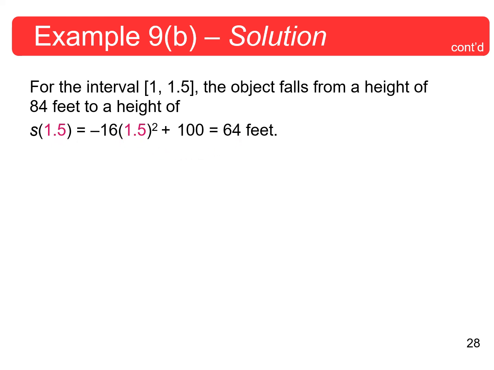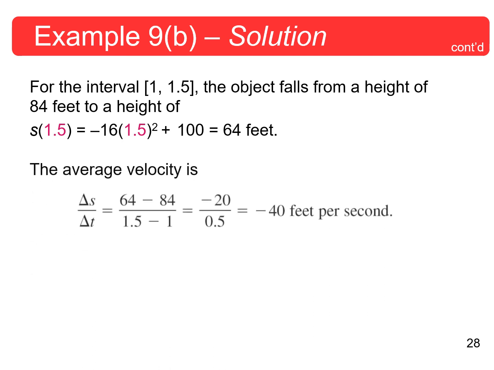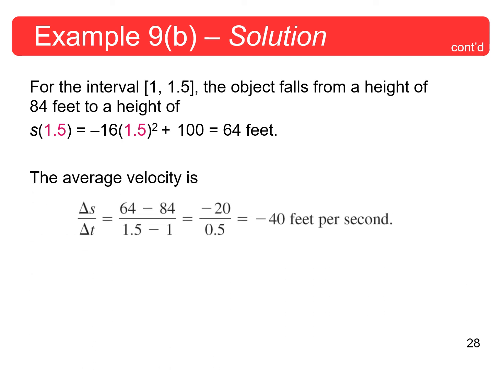So the object falls from 84 to 64 feet, and this is the second position. Then the average velocity is equal to 64 minus 84, the change in s over the change in t. So 1.5 minus 1 is equal to 0.5. Simplifying this, you have negative 40.